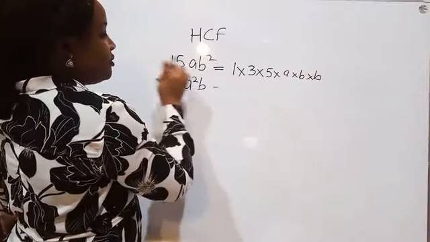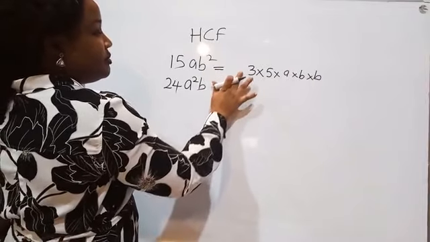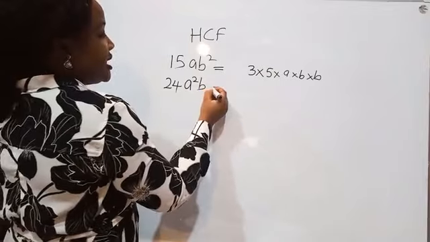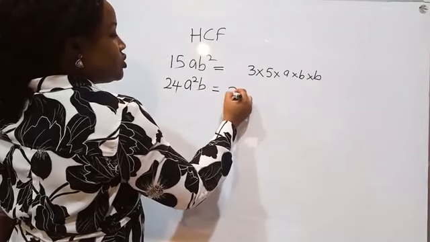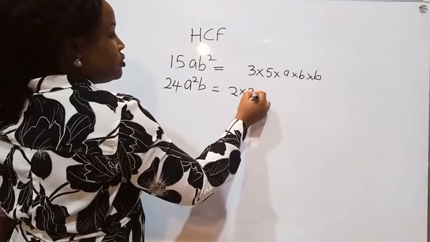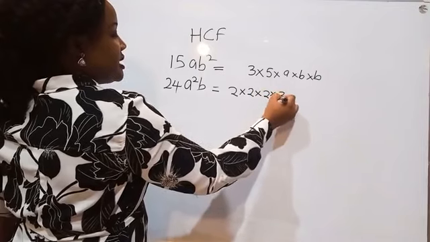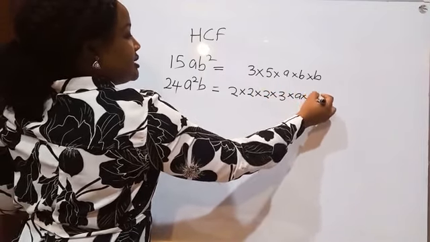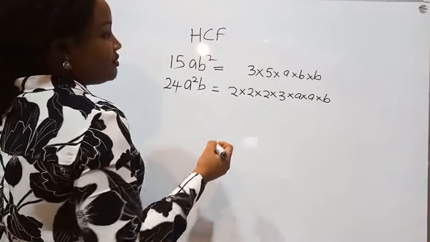This is the product of the prime factors of 15ab squared. Then 24a squared b is 2 times 2 times 2 times 3 times a times a times b. So we pick the common factors.